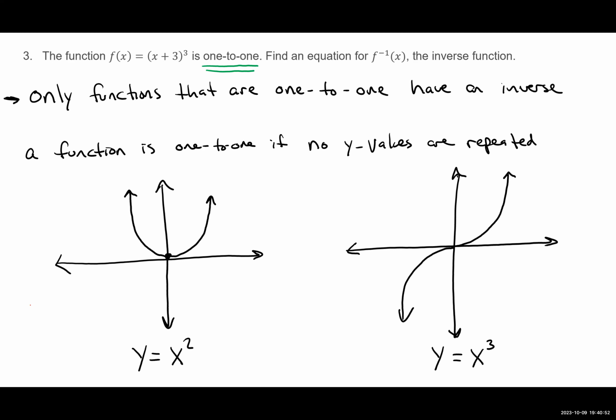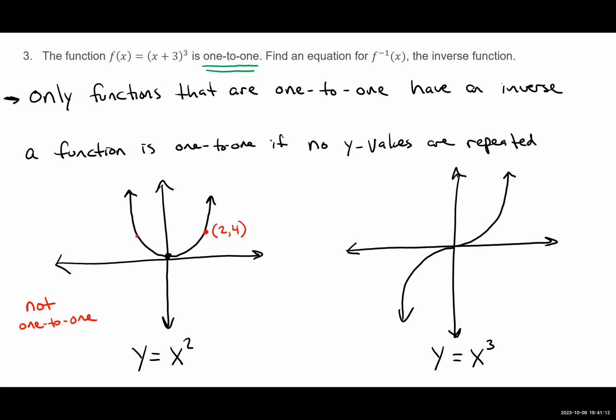Y equals x squared is not 1-to-1. The reason is that if you plug in an x value of 2, you get a y value of 4, because 2 squared is equal to 4.